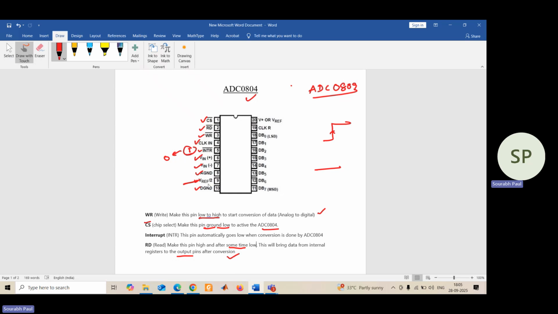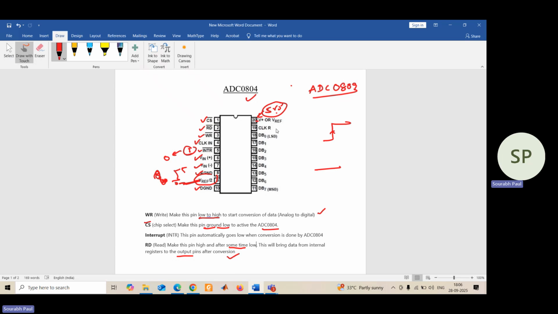Now, if you don't connect anything to pin number 9, and the voltage you are applying in pin number 20 is 5 volt, it means your input voltage range will be 0 to 5 volt. So that is defined by V reference by 2. Accordingly, for other voltages also, the input voltage range you can apply is defined by this V ref by 2 pin.